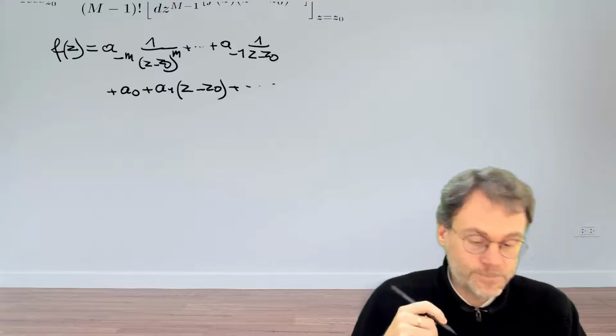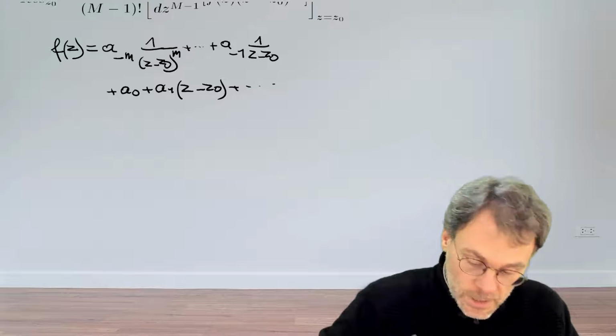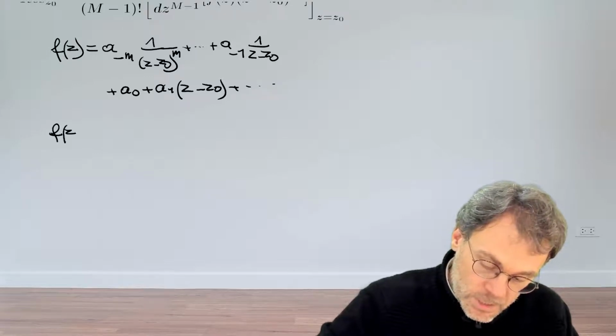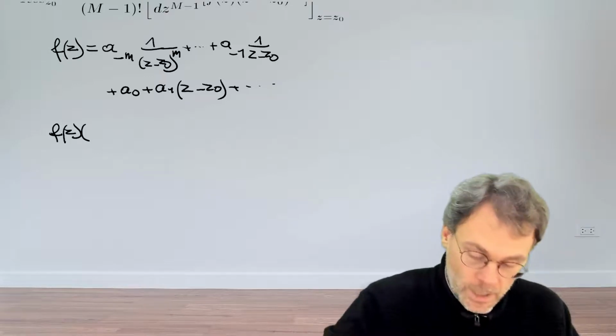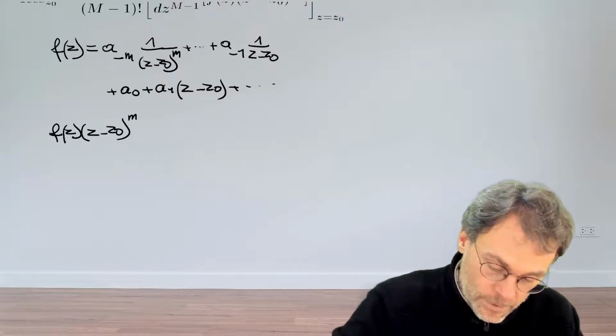And then we have a constant term, a 0, and then a 1 times z minus z naught, and so on and so forth. Now the first thing we need to do, according to the recipe, is take our function f of z and multiply that by z minus z naught to the power of m.